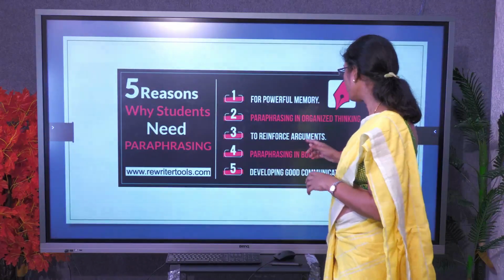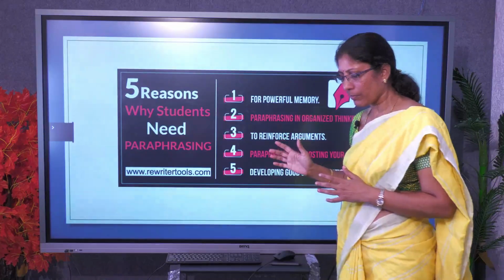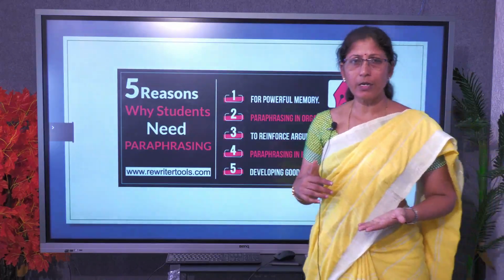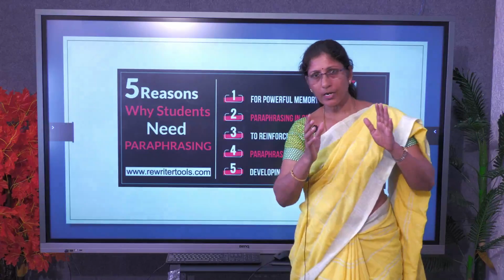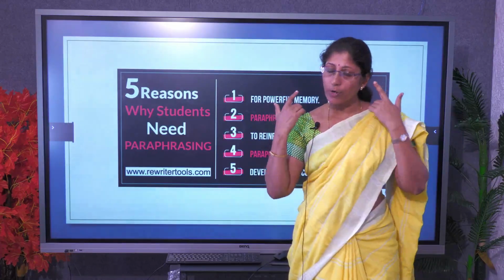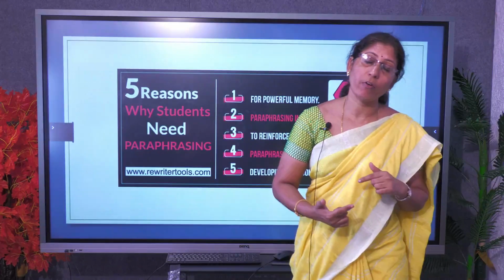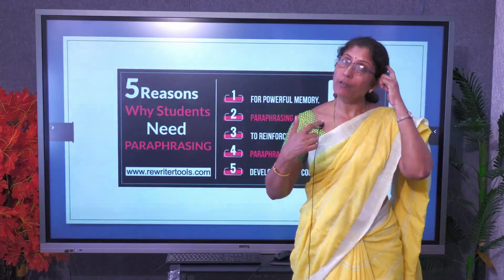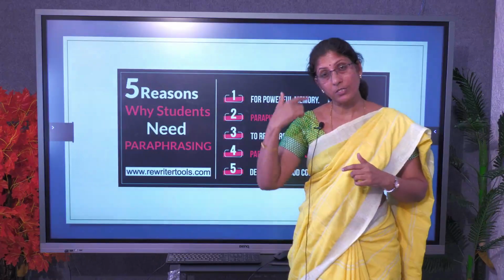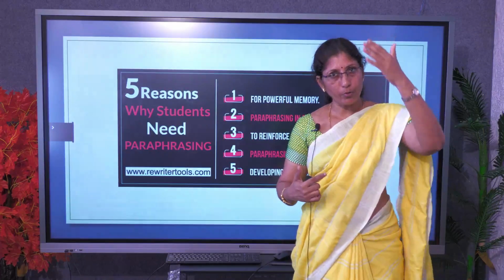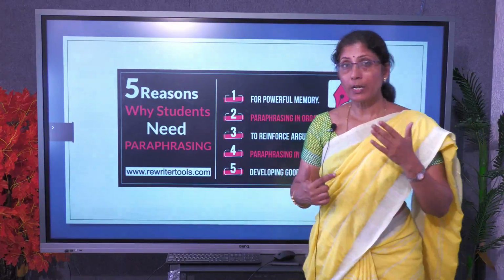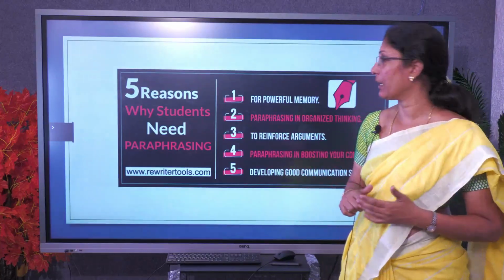Then paraphrasing aids organized thinking. That means when we read any text or content, we will get that information, but it will not be processed in our brain. But when we want to put it in our own words, then our brain processes the information and puts it in an order. Okay, so it develops our organized thinking.